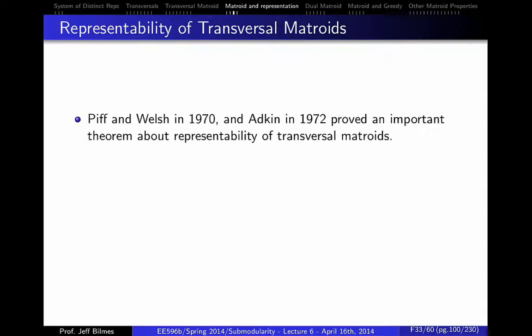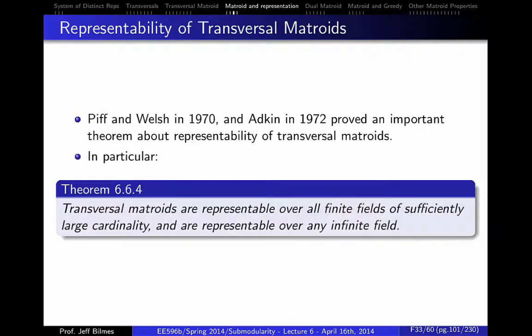An important theorem was proven about the ones that we just studied, namely that transversal matroids, as rich and flexible and perhaps amazing as they are, are representable over all finite fields of sufficiently large cardinality, and are represented over any infinite field.